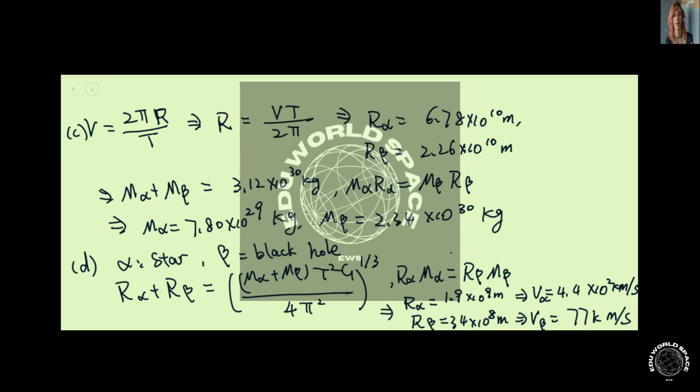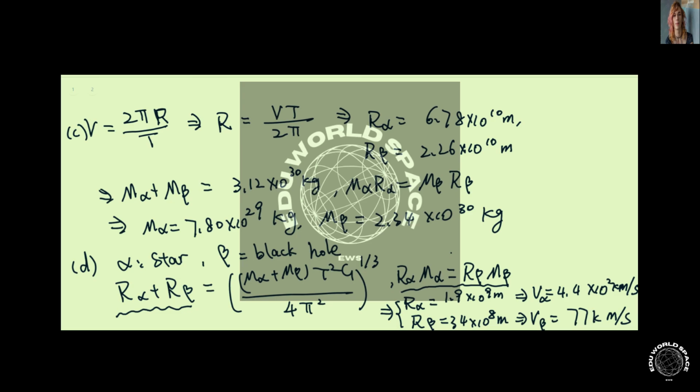From this equation we find the value of the distance between them, and again from question 1 we can use this equation to find the ratio between R1 and R2, R alpha and R beta. Combining these two equations, we find the values of the radius alpha and the radius beta, which are shown here.